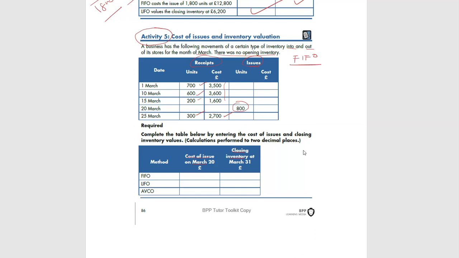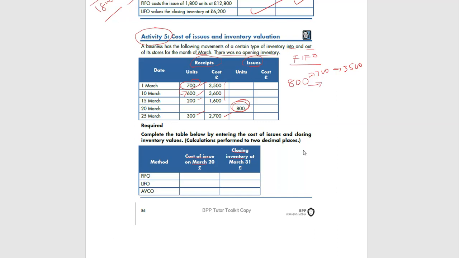To value the 800 units for the issue cost, first I'm going to use all the 700, then the 600. So I'm going to take all the 700, and the cost will be 3500 because I'm taking everything, and I need 100 more from the 600.